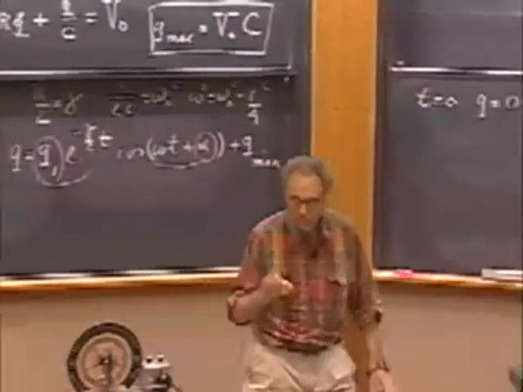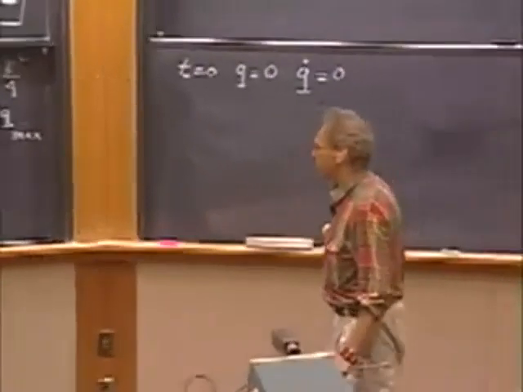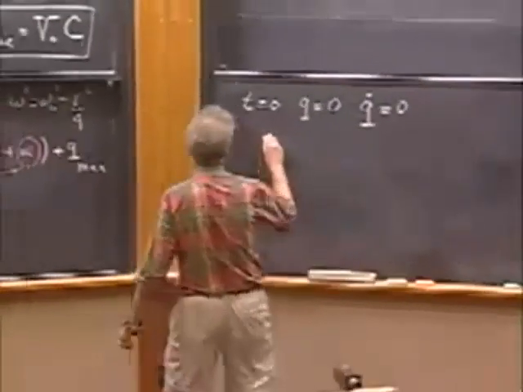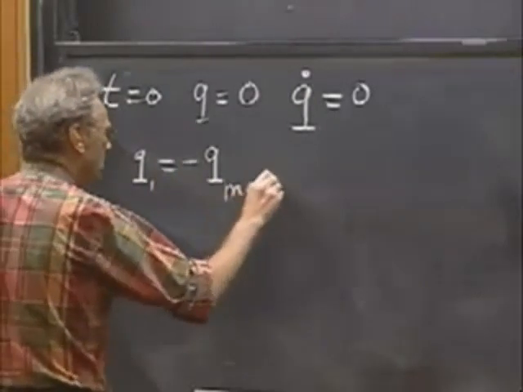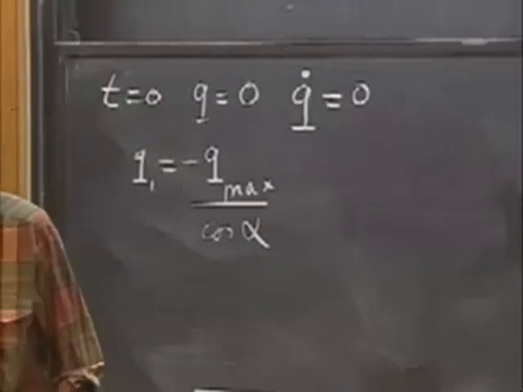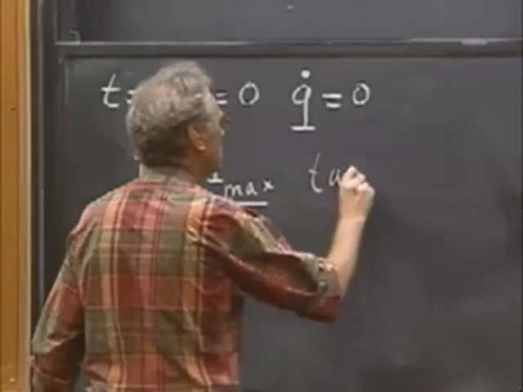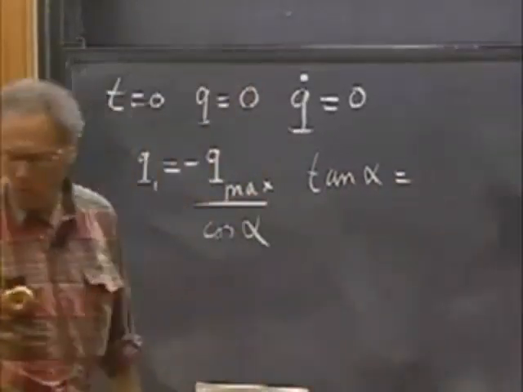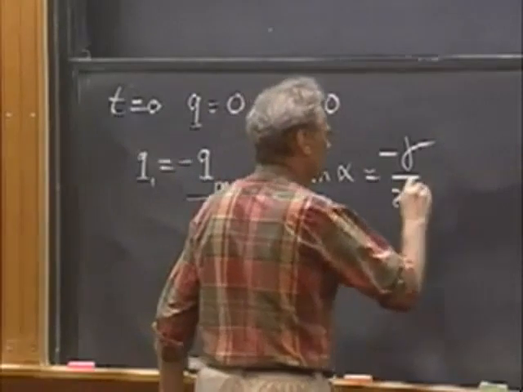So you have to do it slowly. When you do that, you will find that Q1 equals minus Qmax divided by the cosine of alpha. And you'll find that the tangent of alpha equals minus gamma over 2 omega.